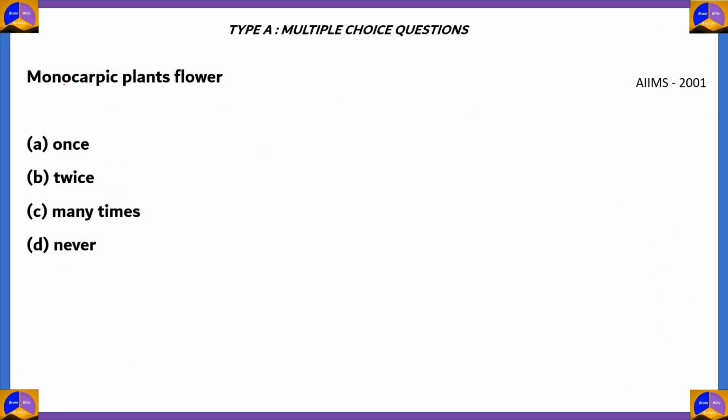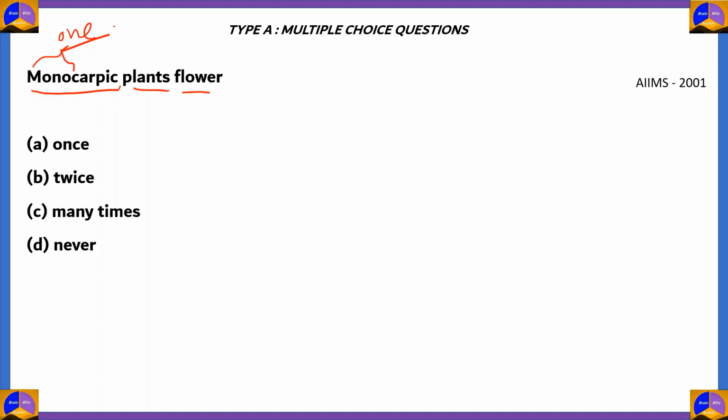This question states, monocarpic plants flower A once, B twice, C many times, D never. The answer to this question lies in the question itself. The prefix mono generally refers to one.